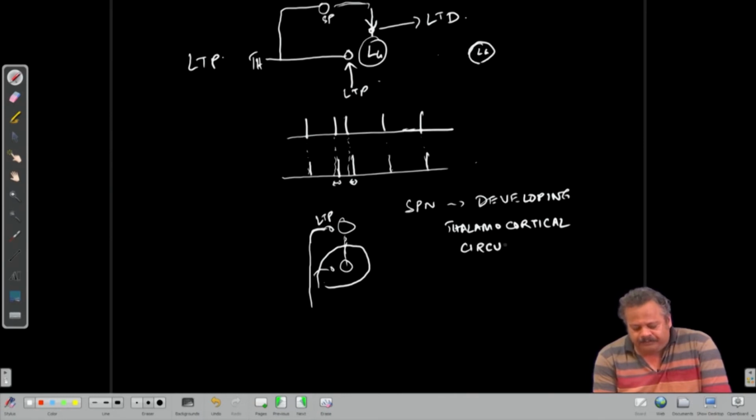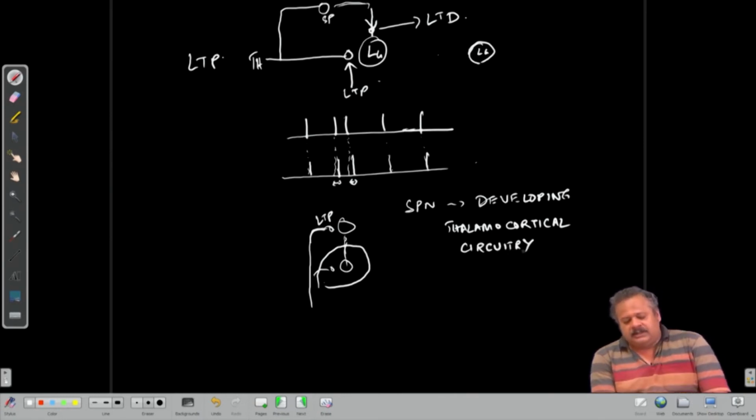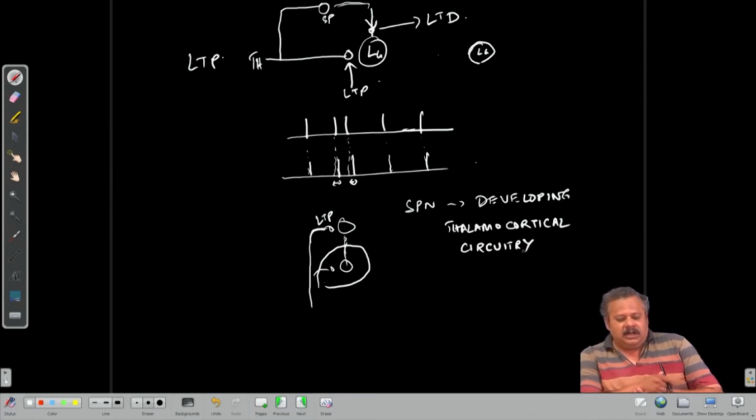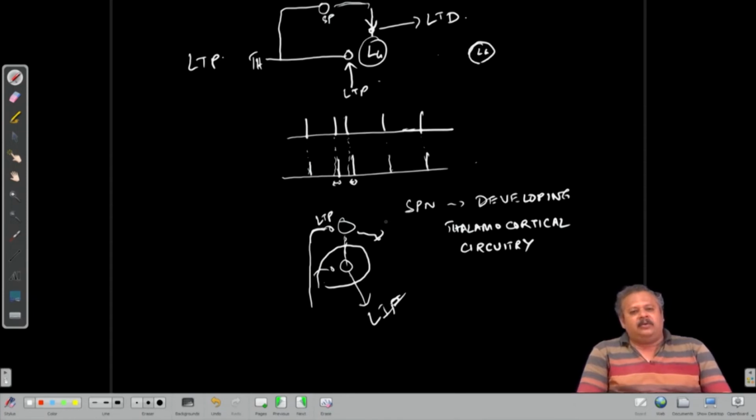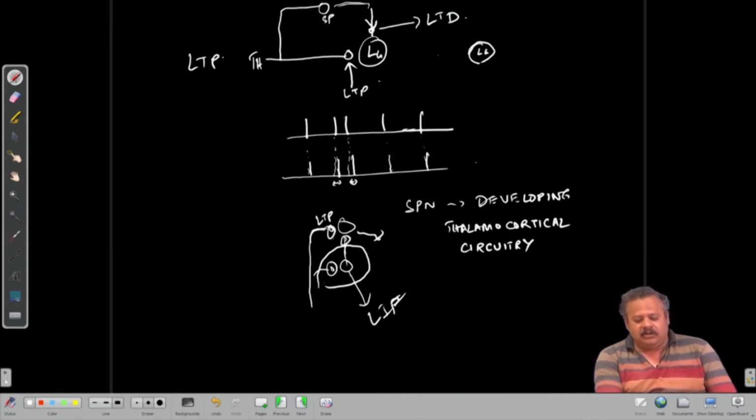And this can actually be easily modeled with leaky integrate and fire neurons of subplate and layer 4, and with spike timing dependent plasticity at these synapses. Actually, only the 2 synapses on layer 4 are sufficient to show that.